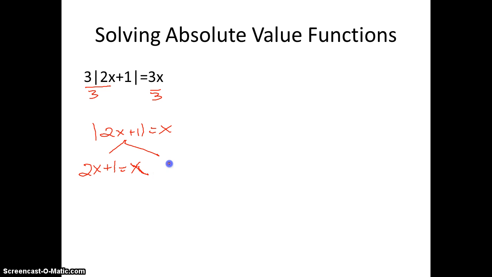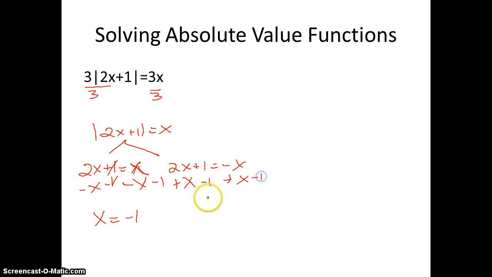Then I have 2x plus 1 equals negative x. So for this one, I subtract x, minus 1, minus 1. That gives me x equals negative 1. And then for the other, I add x, minus 1, minus 1. So I have 3x equals negative 1. So x equals negative 1/3.